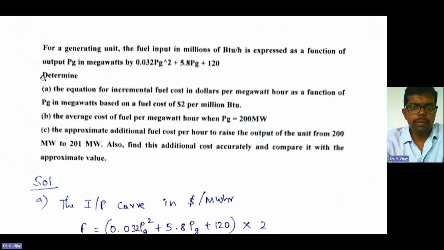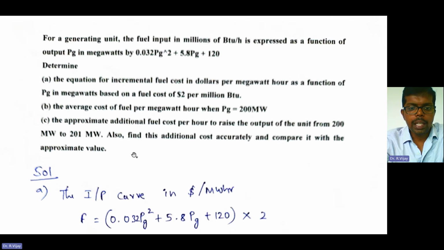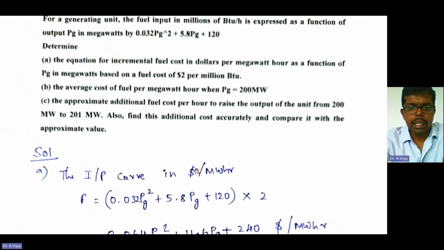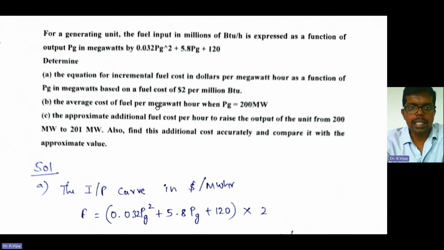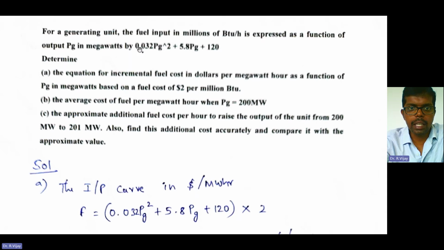So first, we need to determine the equation for the incremental fuel cost. So the input curve, in dollars per megawatt hour, that you know. So what is F given in the problem? The heat rate F given in the problem is 0.032 PG square plus 5.8 PG plus 120, and the fuel cost is also given as $2.